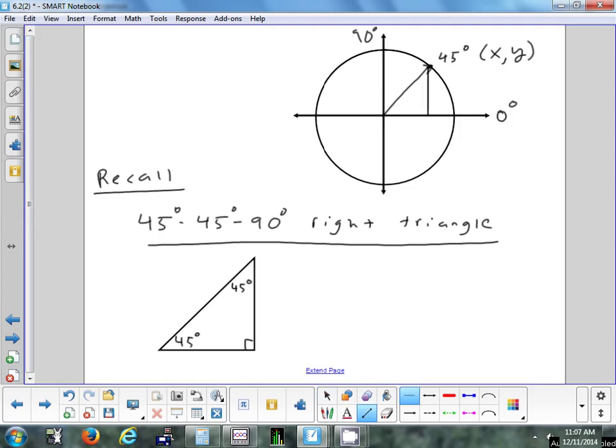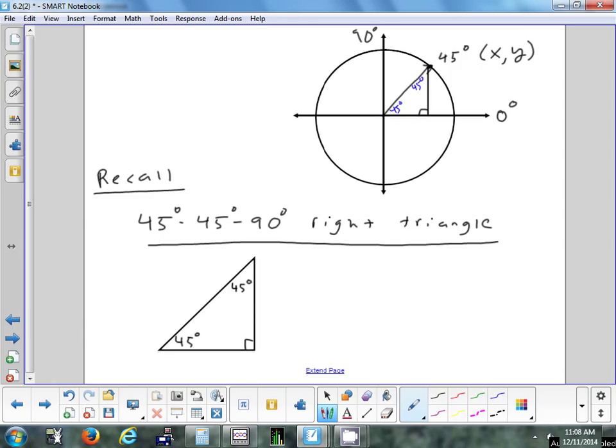Draw a line straight down from that point, perpendicular to the x-axis. And what we've done is we just created a triangle. In this triangle, that's a 45-degree angle from the x-axis to the hypotenuse. And if the 45 is at the base and you have a 90, they all have to add to 180. So the top also has to be a 45.